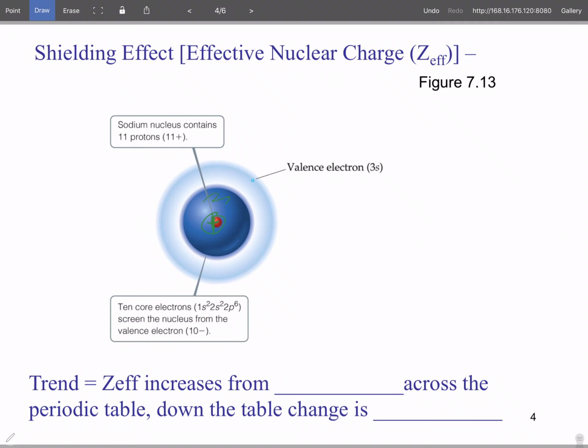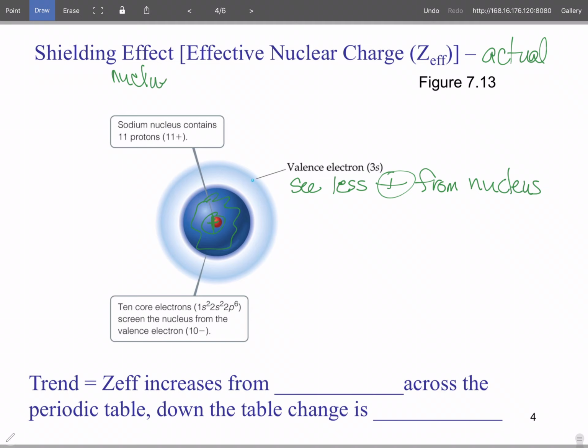So if you're surrounding it with negatives, then you're blocking some of that positive, right? So the net effect is that the valence electrons see less of the positive from the nucleus. We call this shielding, or the shielding effect. And so what that is, is the actual nuclear charge felt by an electron.